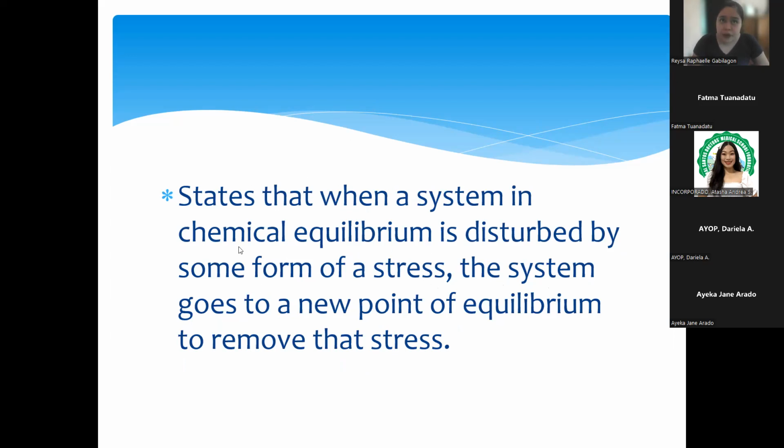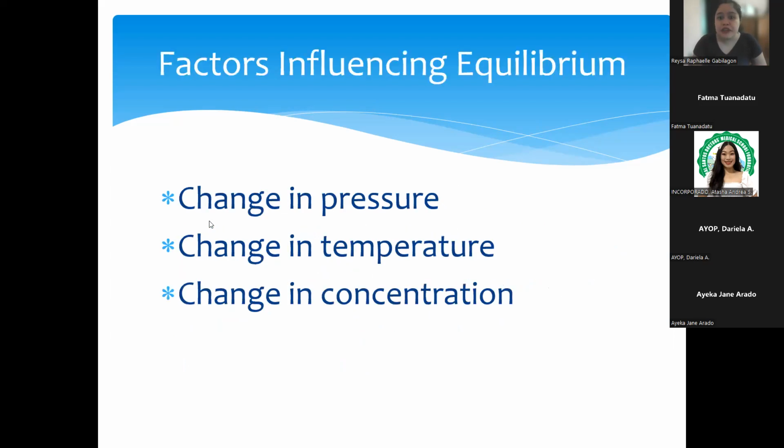If the chemical equilibrium is disturbed because of the presence of stress, magre-react yung system to remove the stress. So ano ba yung sinasabing stress na yan? Ito kasi yon, factors influencing equilibrium. Ito yung mga stresses na tinatawag in a chemical reaction or a chemical equilibrium.